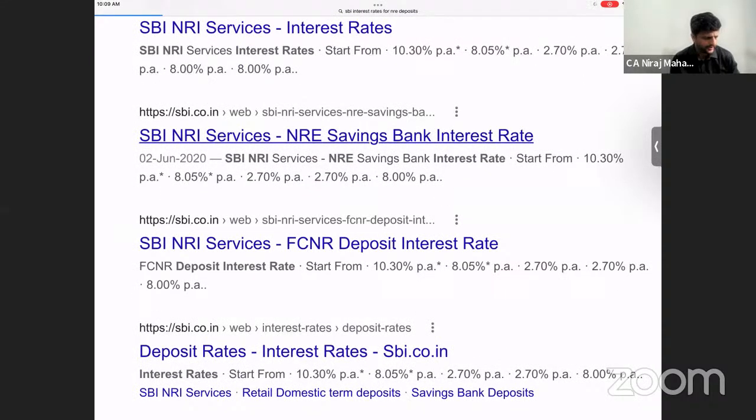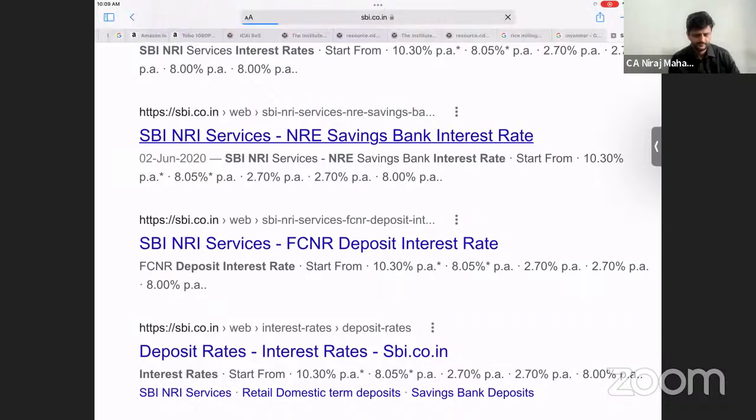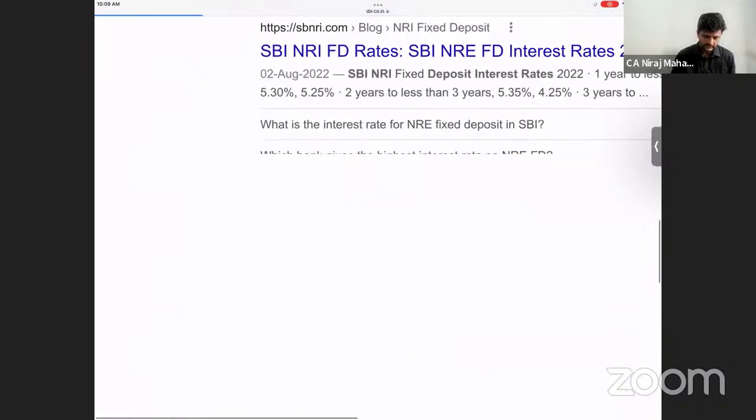This is, I think, an old rate, but we'll check the current rate. NRE bank account interest rate. Even if it is currently 2.7% or 3%, let us say, still much better or no? Still much better. And obviously, it is not taxable in India also. This is SBI, so no doubt it is very slow, and it will give me some information which is not relevant.